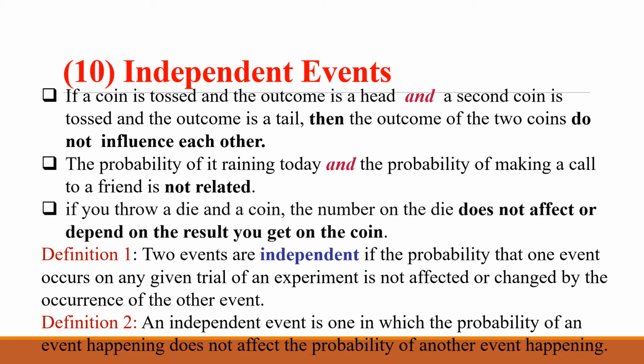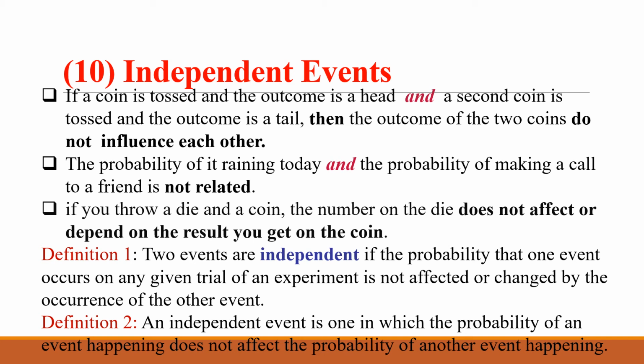So if I'm tossing two coins independently, their outcome cannot affect each other. Or for example, today, if it is going to rain, is it likely to affect my likelihood of making a call to a friend? It's not going to.